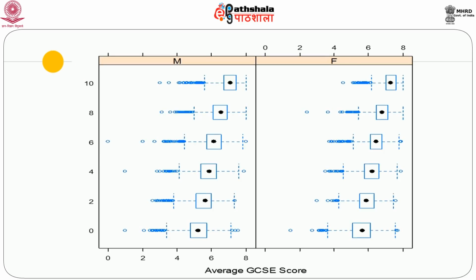This is the output plot that we have got here. As we can see, for every level a box and whisker plot of the corresponding GCSE score values is drawn. This allows us to directly compare the median, which is the dot in black, and the 25th and the 75th quantiles.